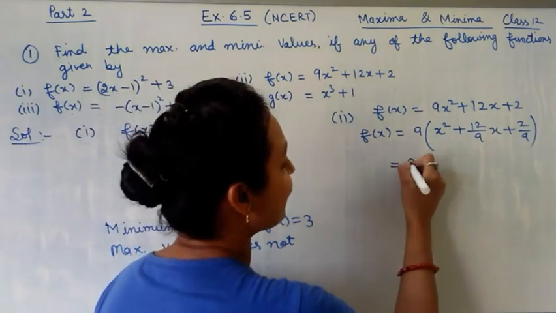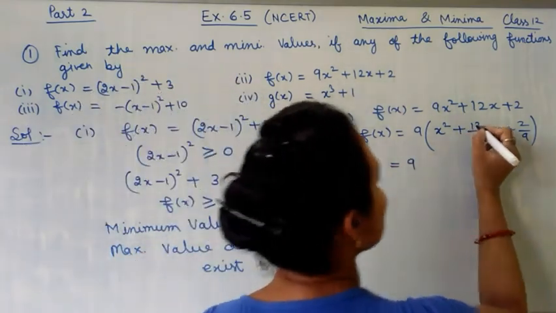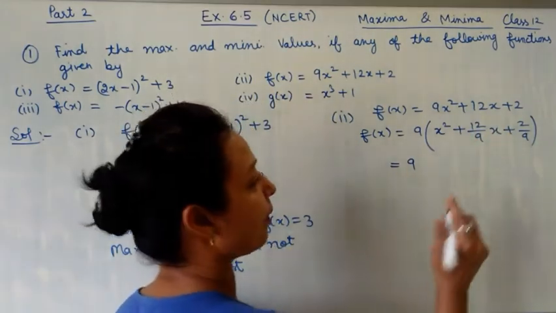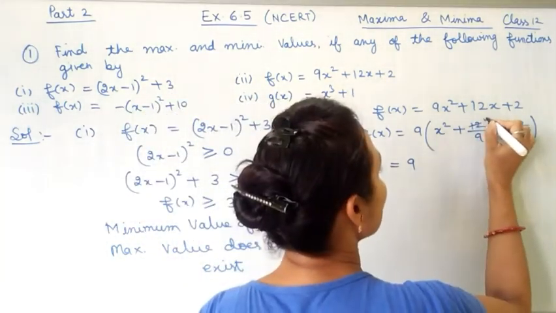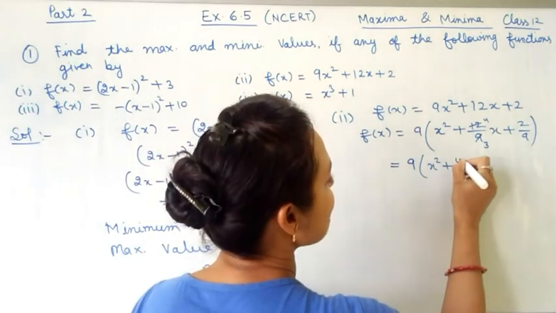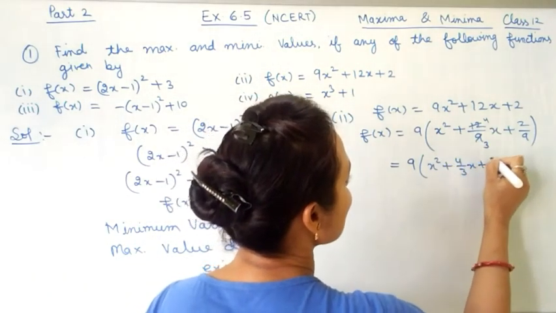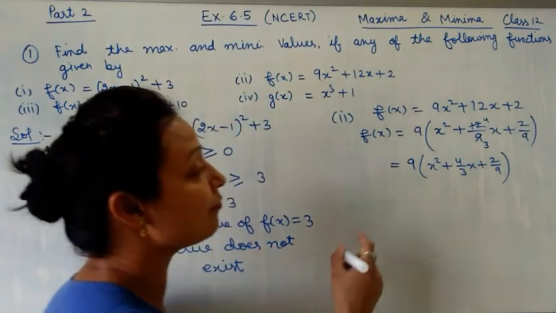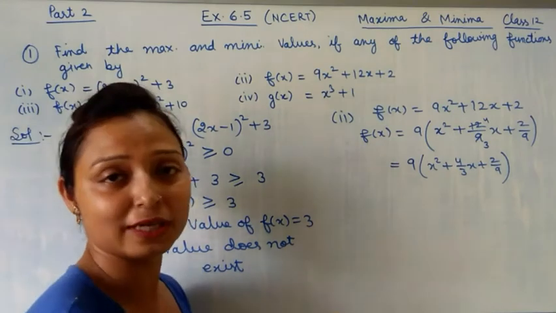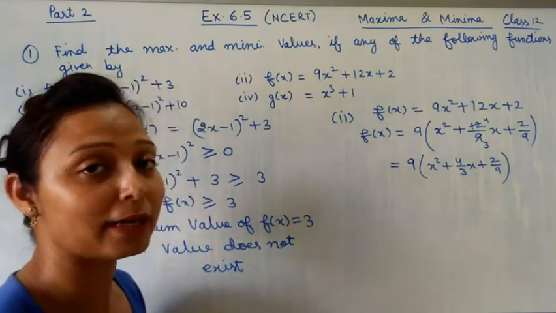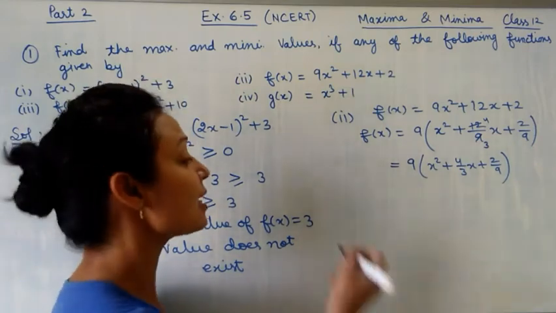Reducing the fraction in the lower part, 3 fours are 12 and 3 threes are 9, so it equals x square plus 4 by 3 x plus 2 by 9. You all have done in class 10 how to make a perfect square by the method of completing the squares.